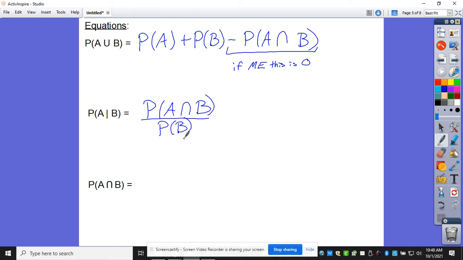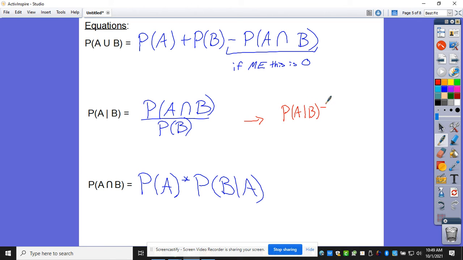What's our equation for A and B? Probability of A times probability of B given A. This one is just saying A given B, and this one is saying B given A. But if I redo this math, that's the same equation here, except I'm just saying which one came first.